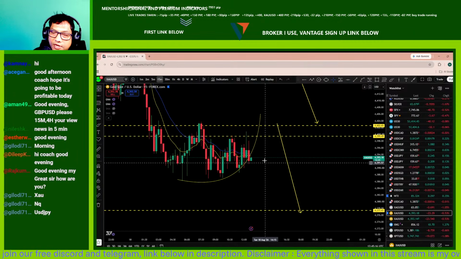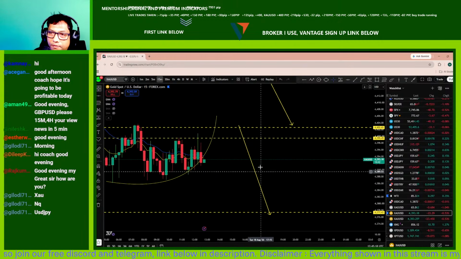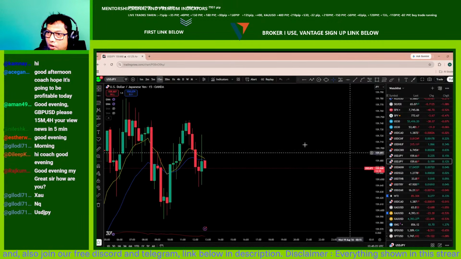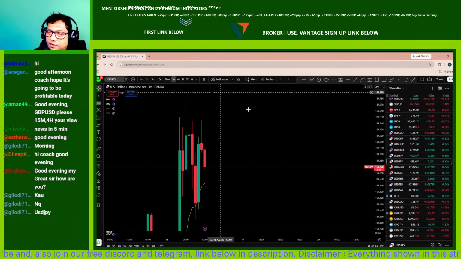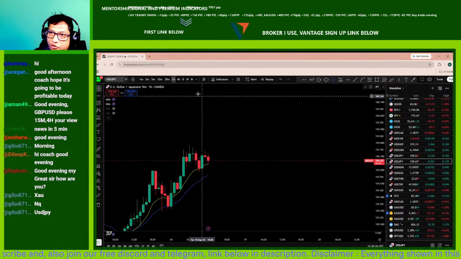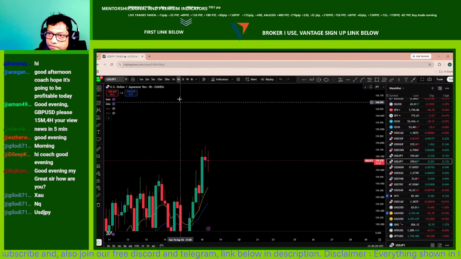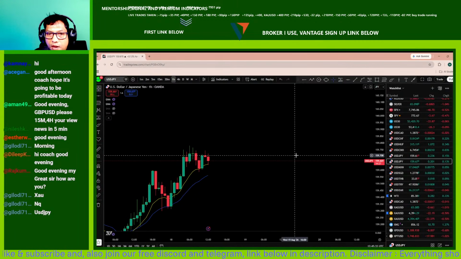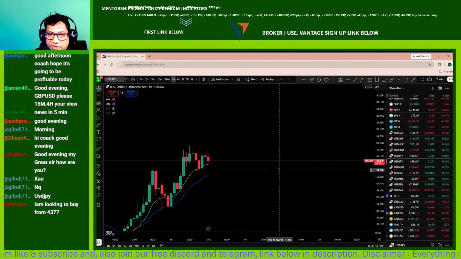So you can see that there is a USDJPY. What happened here? USDJPY is in an uptrend that you can see along this area. I'm looking to buy from 4377.